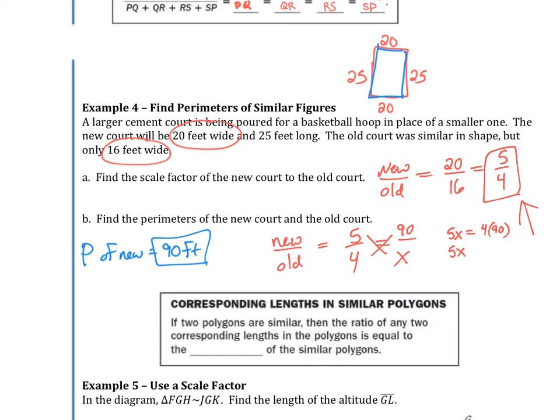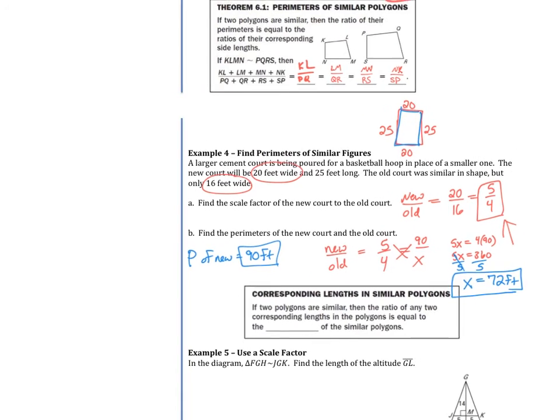So 5x equals 360. And then we divide by 5. So x equals 360 divided by 5 is 72. So the old court had a perimeter of 72 feet. And we found that by using scale factors.